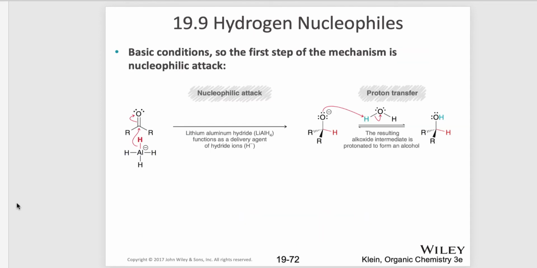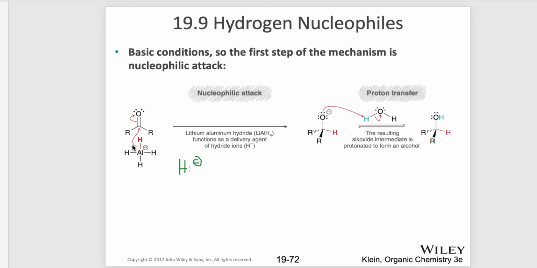So here we see the process. I would accept a mechanism that just uses a hydride, and then we see that H- is going to attack the carbonyl group. Technically, the hydride doesn't just swim around in your solution. We have these two electrons tied up in a bond to aluminum.